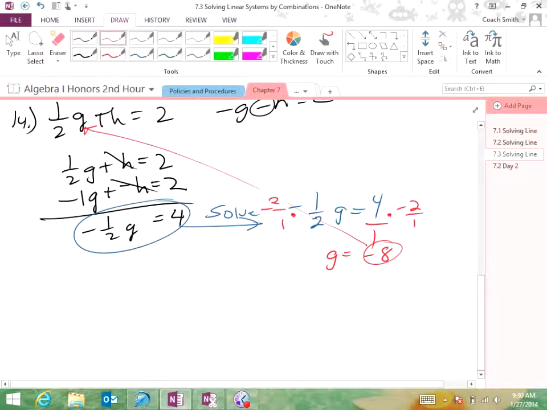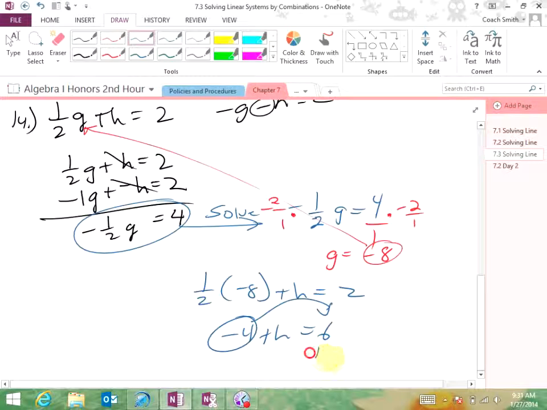So that means I have 1/2 times negative 8 plus h equal 2. So that's negative 4 plus h equal 2. Negative 4 to the other side becomes positive. Oh, excuse me, 2. I got ahead of myself.